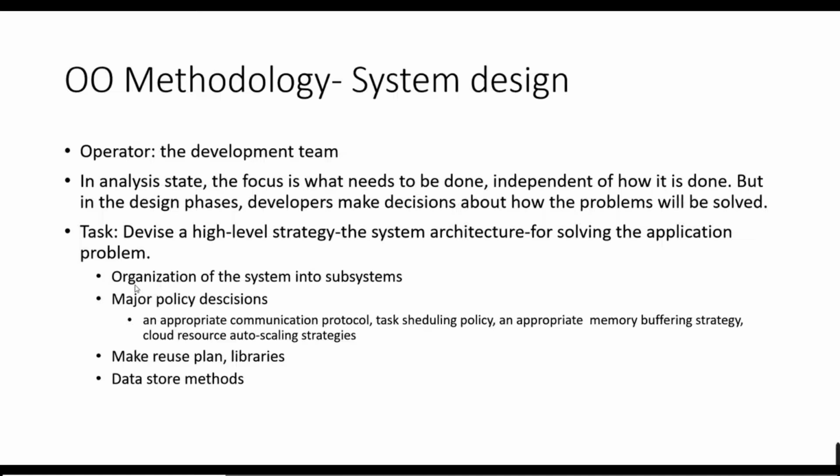In this stage, it mainly includes the organization of the system into subsystems. It means we need to divide the whole system into different parts appropriately, and we need to make some policy decisions.